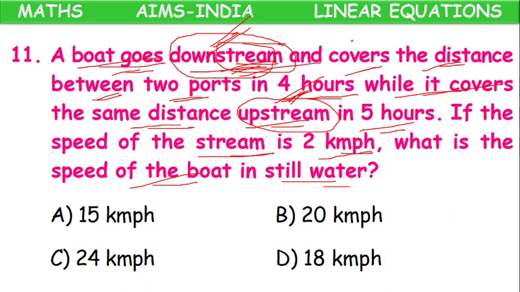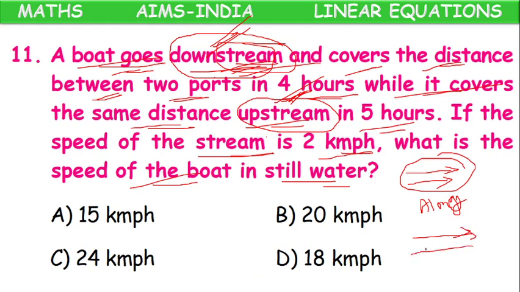If you are traveling in a river, and the water flow is towards right side, you are also going towards right side, then it is called downstream. Means you are going along the stream. Or the water flow is towards right side and your direction is towards left side, then you are going against the stream. Against the stream, it is called upstream.